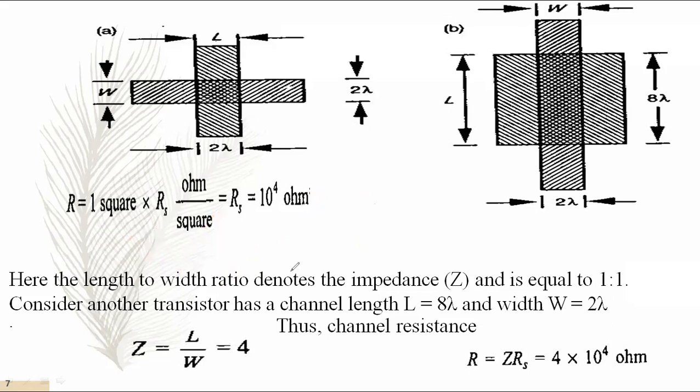In this case, when the transistor length equals width, the resistance value is 10 to the power of 4.